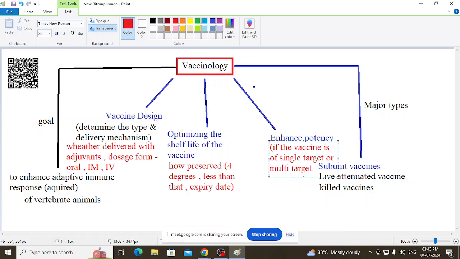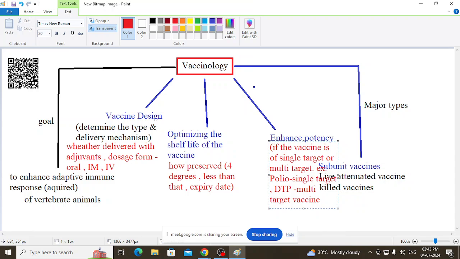A good example could be polio, a single target vaccine, whereas DTP is a multi-target vaccine.